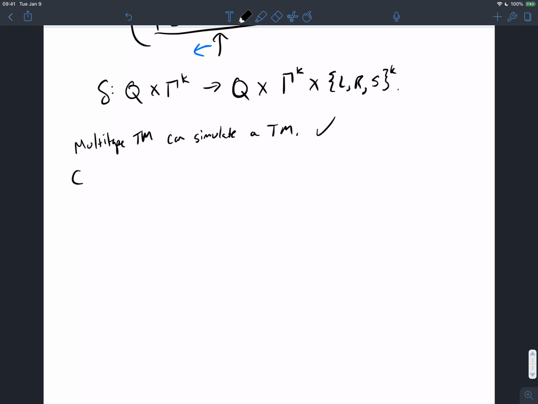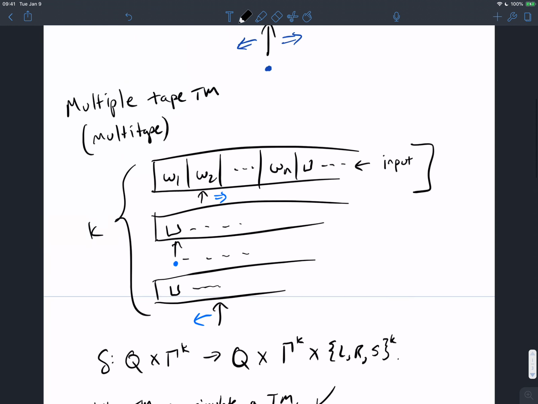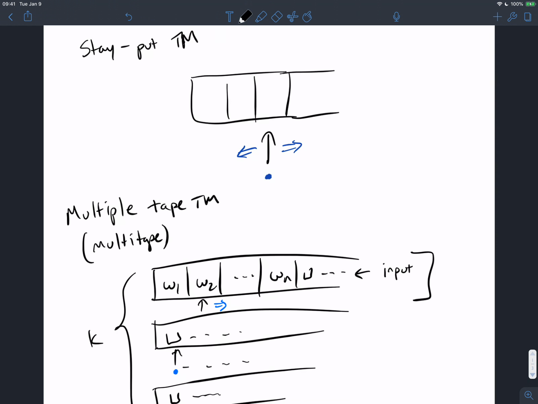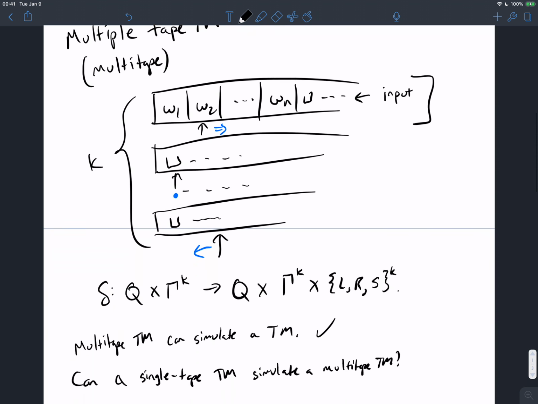So let's pose this as a question. Can a single tape, I'll make it clearer, can a single tape Turing machine simulate a multi-tape TM? And so remember our simulation idea from stay put. We had to simulate a single transition where it stayed put with left and right transitions.